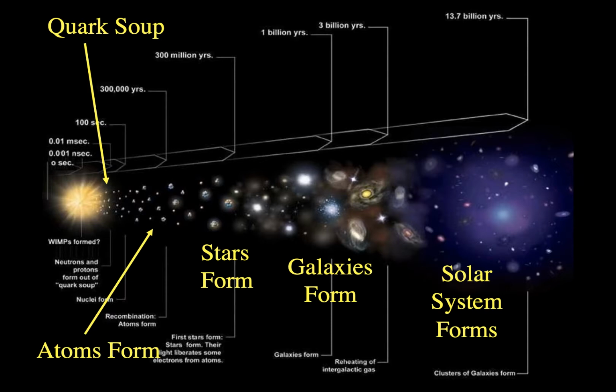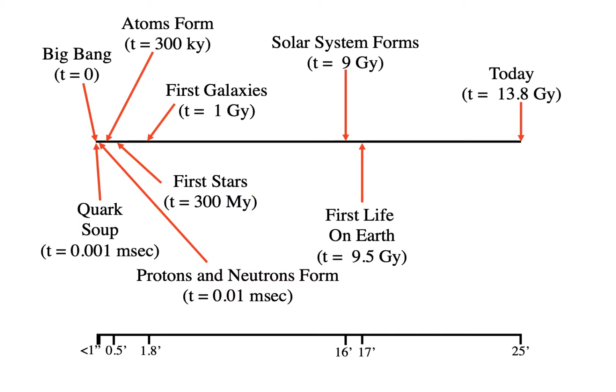Just a note that this is not a linear scale, as you can see up here, because 3 billion happens here, and then 13.7 billion is way out here. But if we put this on a linear scale, this is a linear scale here. Here's today, 13.8 billion years after the beginning. And back here, about 9.5 billion years after the beginning, the first life on Earth occurred. And that was just shortly after, only a few 100 million years after the solar system had formed.